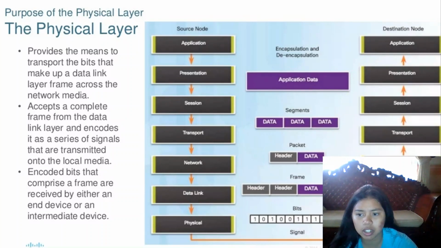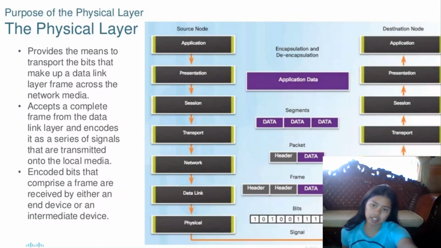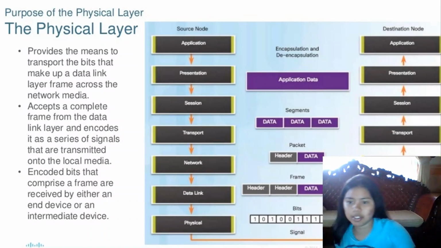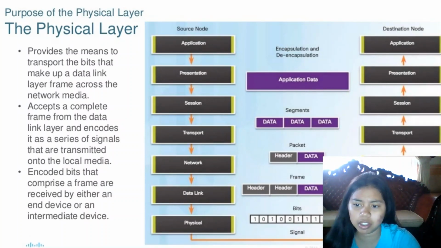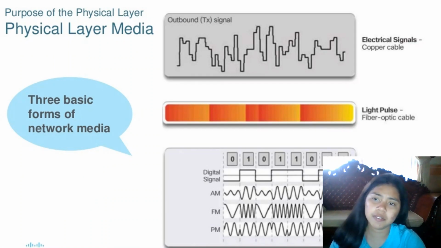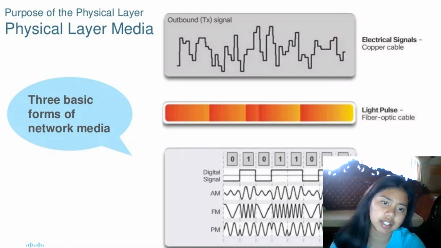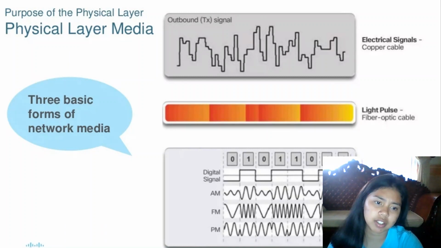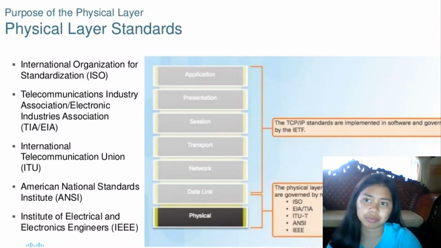Encoded bits that comprise a frame are received by either an end device or an intermediate device. The physical layer media: electrical signals, light pulses, and microwave signals.